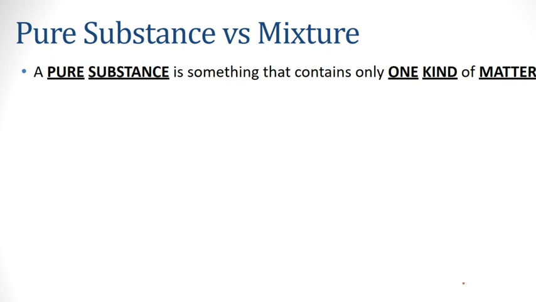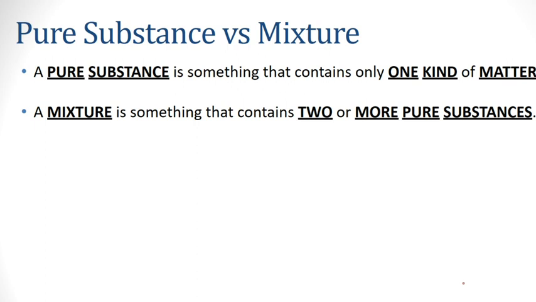If you have more than one thing mixed together, that's what we call a mixture. So think about it like this. Can you have pure water? Yeah, it's just water molecules, just H2Os, a cup of just H2Os. There's nothing else in it.